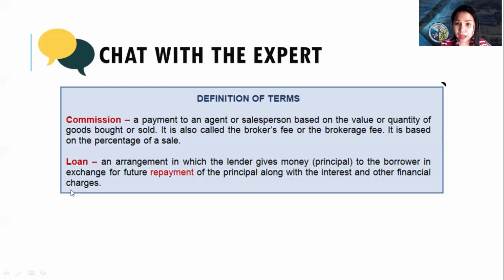Sometimes our utang are not mathematically utang. Why? Because in utang, you repay with a tubo, with an interest and other financial charges. So for example, if I utang 1,000, then possibly I'll return 1,100 pesos.